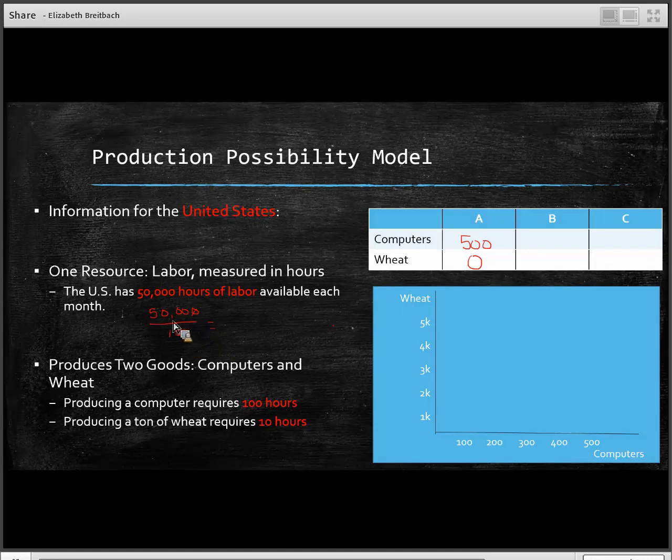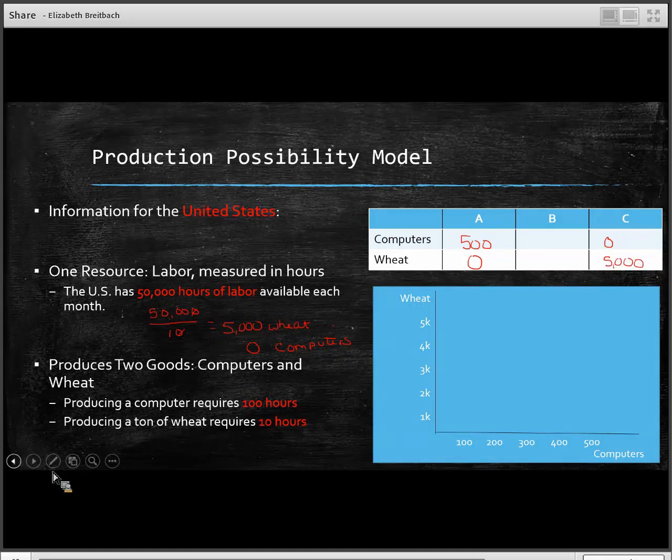I can take 5,000 divided by 1, and we can see if we spend all of our time producing wheat, we can produce 5,000 tons of wheat and no computers. And that's my second option here. I'm actually going to put that in option C.